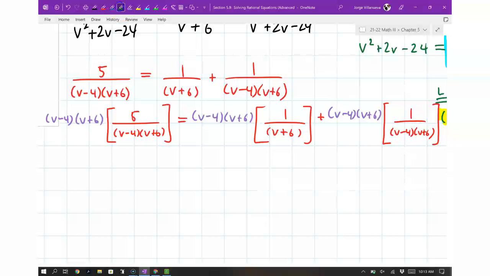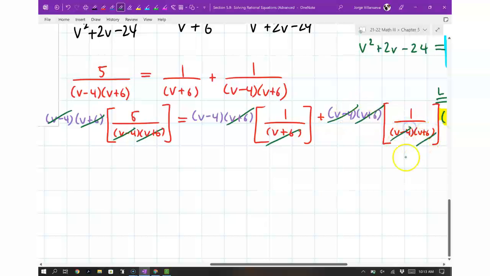So look at the first fraction. Can I cancel everything out from top and bottom right there? Yeah, v minus 4, v plus 6, it's all gone. What can I cancel on the second one? Just a v plus 6. What about the last one? Everything, right? So here is what it looks like. 5 equals v minus 4 times 1 is just v minus 4. And then plus 1.